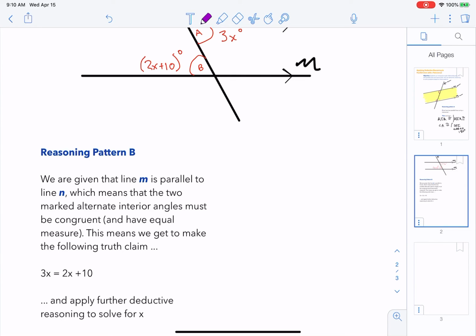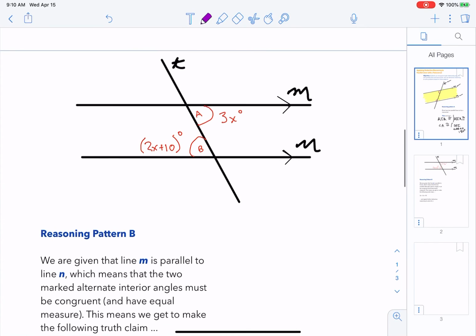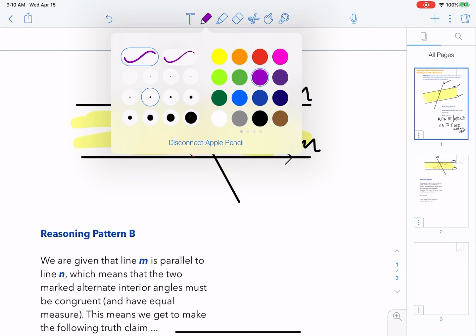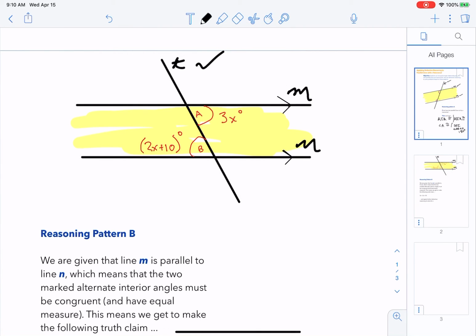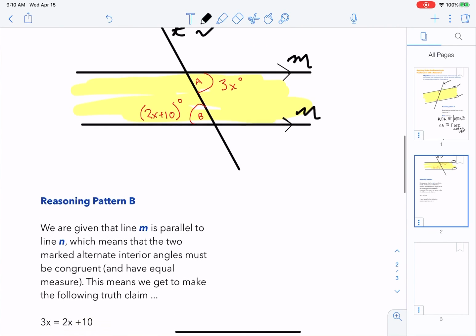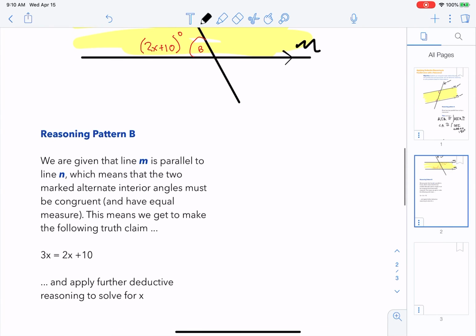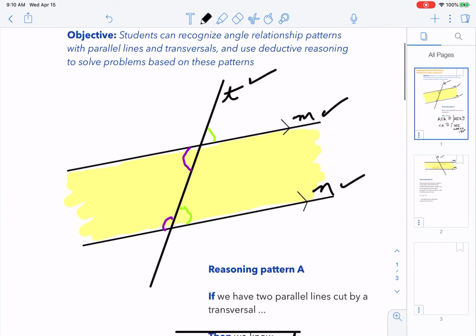Since we know that line M is parallel to N, we know that these are alternate interior angles. They're on the interior of those two parallel lines, and they're on alternate sides of the transversal T, right there.